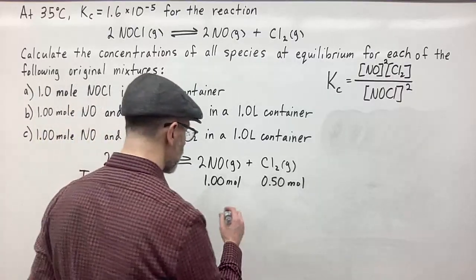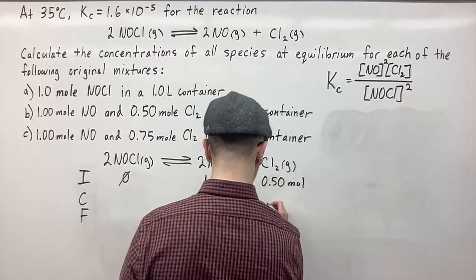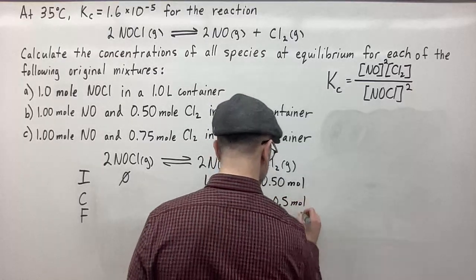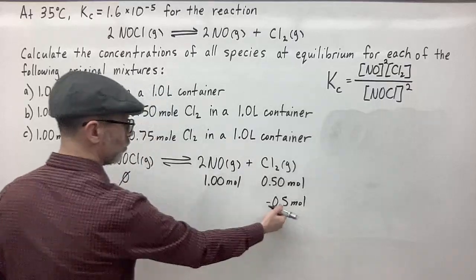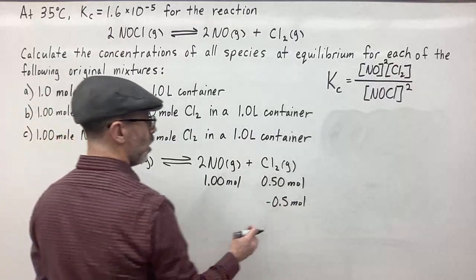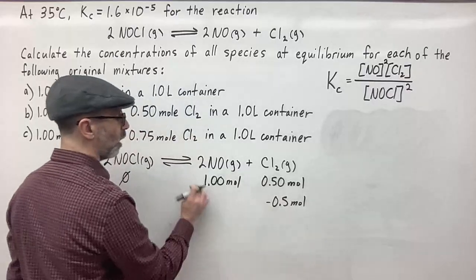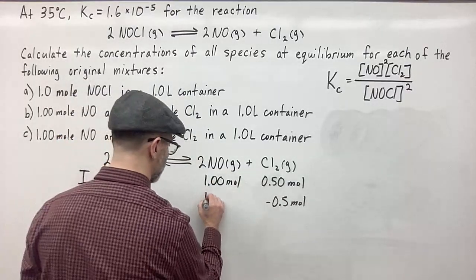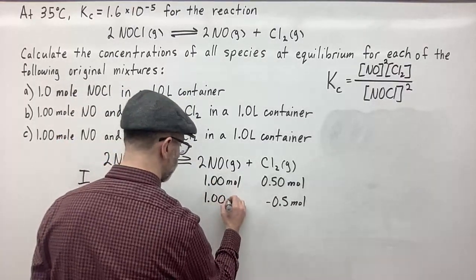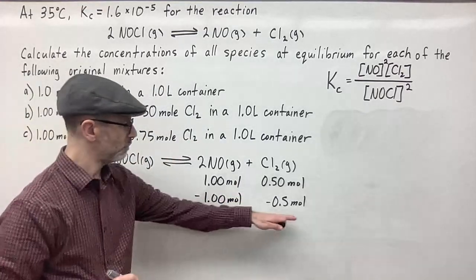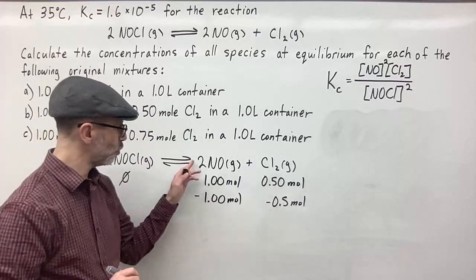So here, we're going to lose 0.5 moles because we're assuming 100% reaction this way. Well, if this is 1.05 moles, then we need double the amount here, so we're going to lose 1.00 moles here, because it's a 2-to-1 ratio.